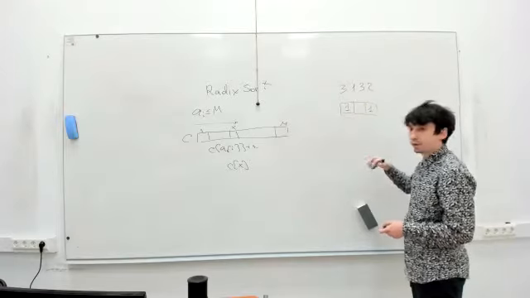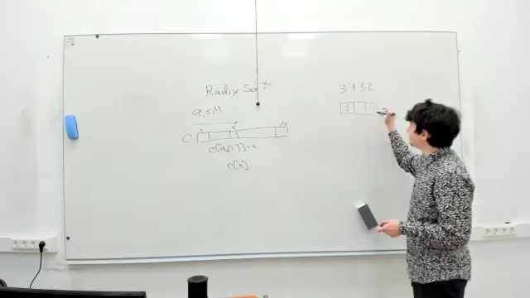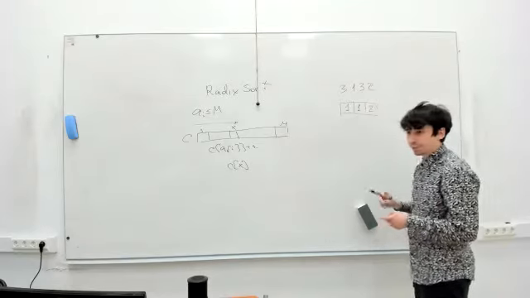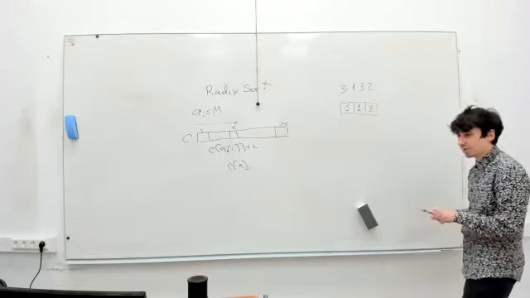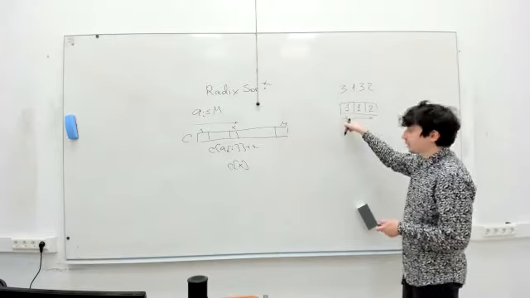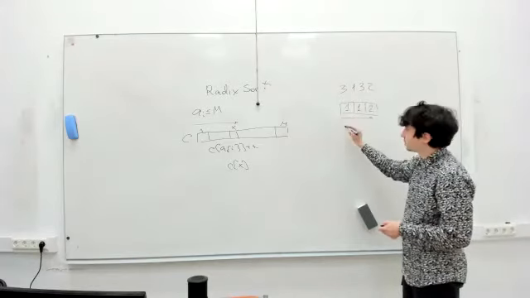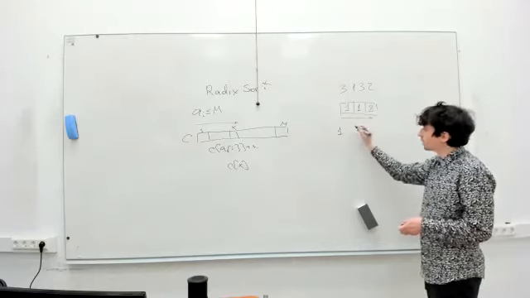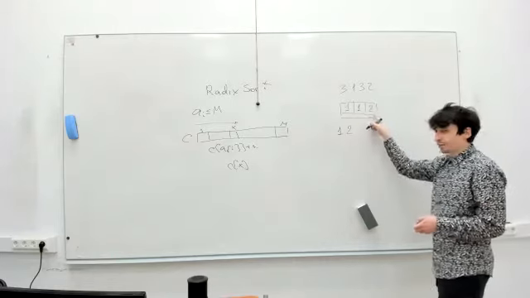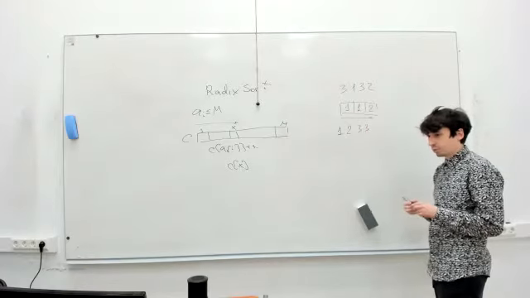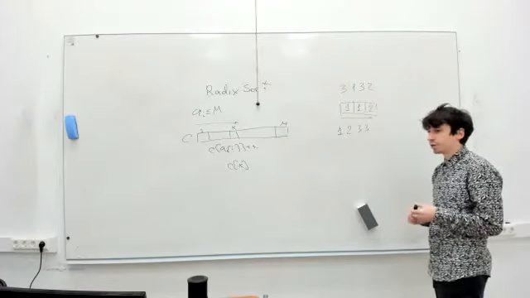Then I see 3, I increment the cell here. And then I see 2, I increment this one. So how to get the sorted array back? You go from left to right and see there is one number 1, let's put it. Then we have one number 2. And finally we have two numbers 3. That is your sorted array.